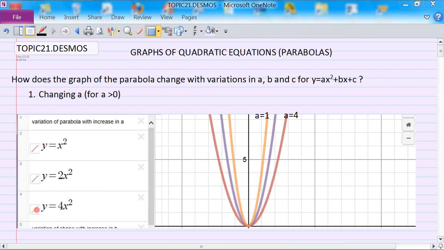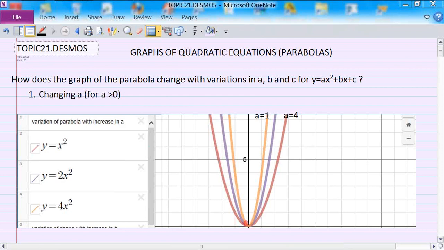These are color-coded to match what's over here. So the inner one right here is a equal to 1, and the outer one is a equal to 4. So the middle one is a equal to 2.